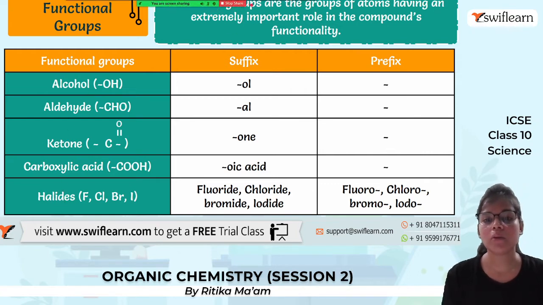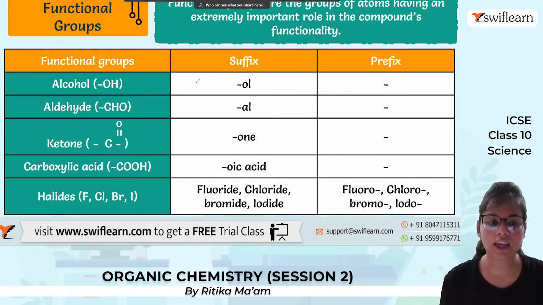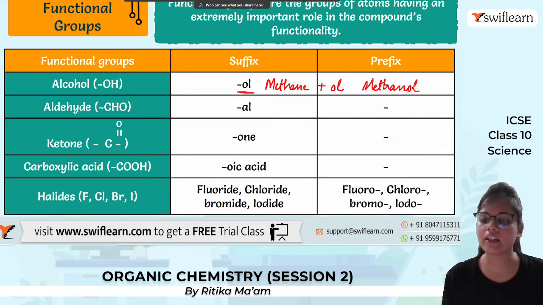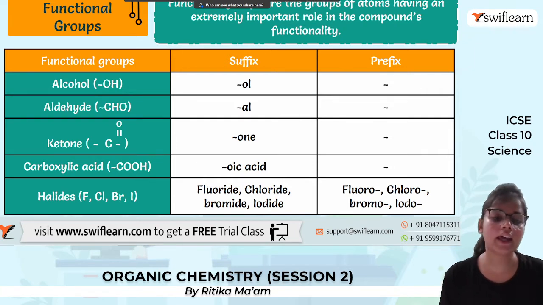Now talking about the prefix and suffix of the same, alcohol goes with the suffix OL. So if we add methane plus ol, it goes like methanol. Similarly ethanol, propanol we have. Then aldehyde, CHO, and the suffix is AL.